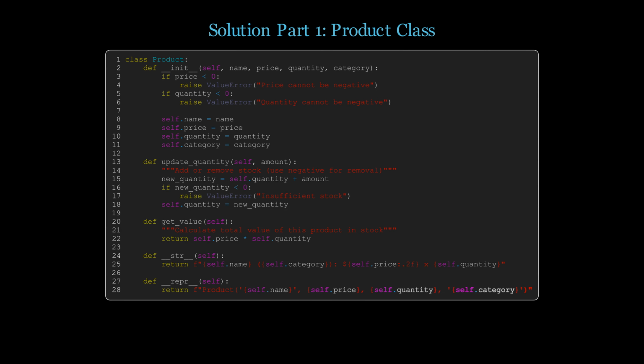Let's implement the product class with validation and proper encapsulation. The product class validates inputs in __init__, ensuring prices and quantities aren't negative. update_quantity accepts positive or negative amounts for adding or removing stock, with validation to prevent negative inventory. get_value calculates total value by multiplying price by quantity. __str__ provides readable output. __repr__ shows constructor form.